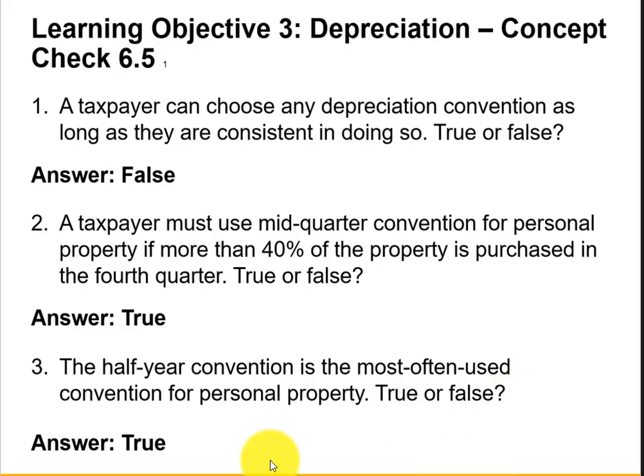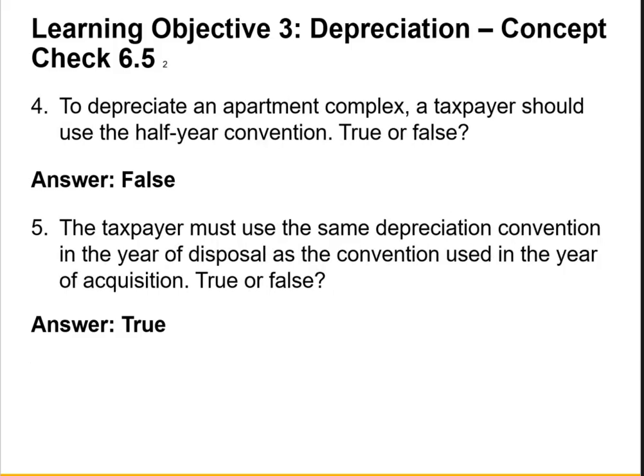And obviously, half-year is the most common, assuming that you're buying things other than real estate. Okay? You don't use the half-year for an apartment complex. It's real estate, so it is mid-month. Okay? And you must use the same convention in the year you bought it as you do in the year you get rid of it.